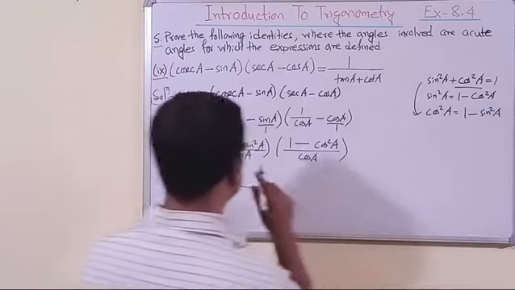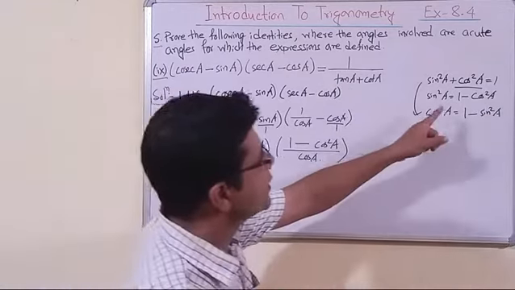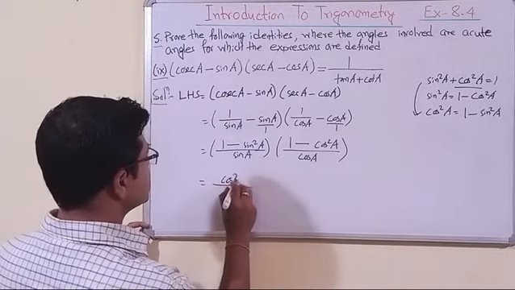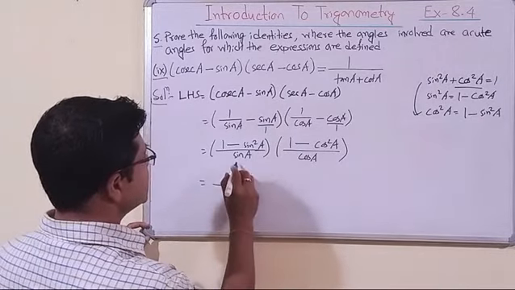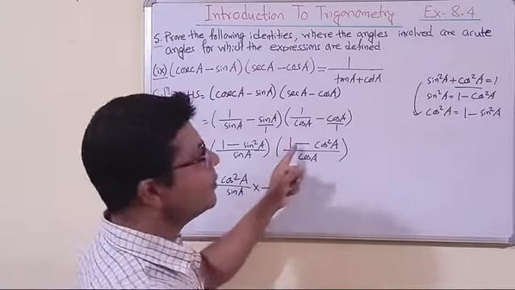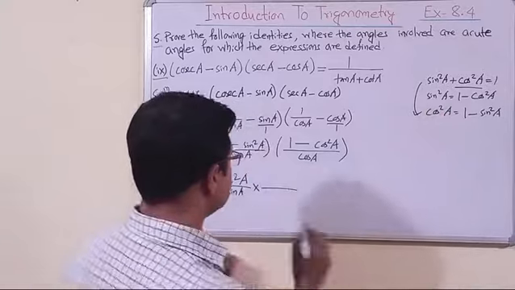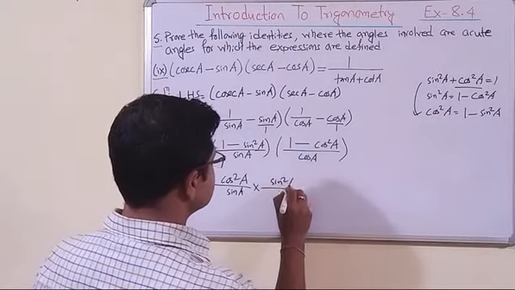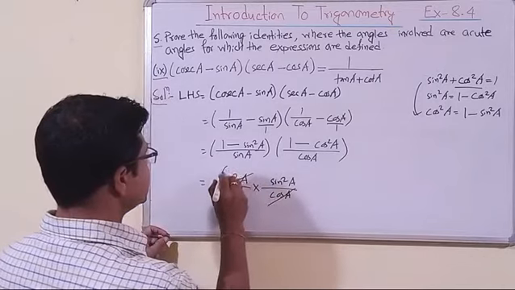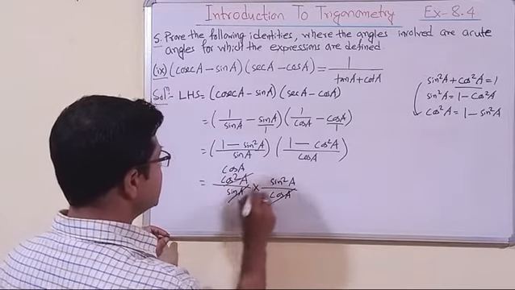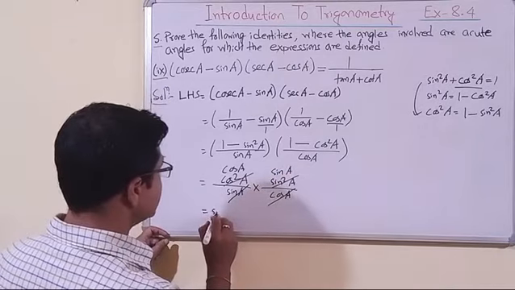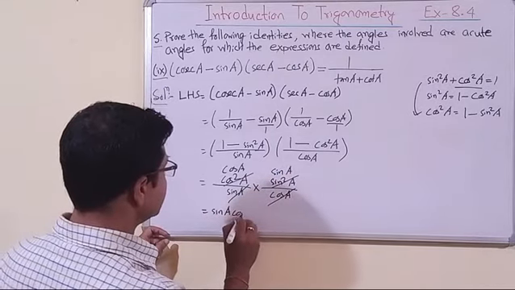We have to apply both here. 1 minus sin square A. 1 minus sin square A is cos square A. So this is cos square A. Then this is sin A into 1 minus cos square A is sin square A. Then this cos A. We can cancel this cos A, so cos A is left, sin A is left. So this is sin A into cos A.